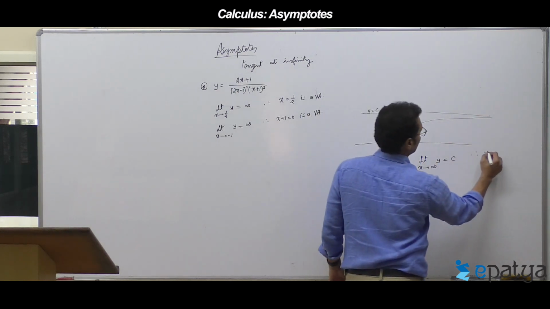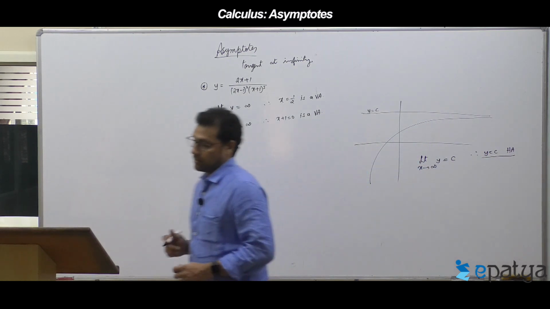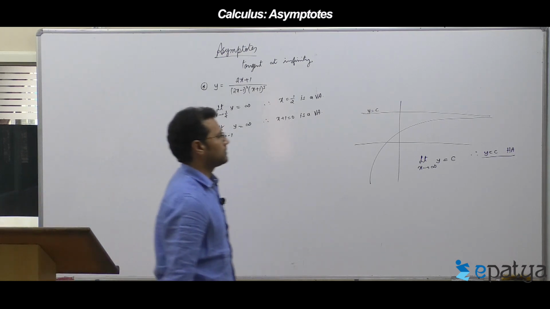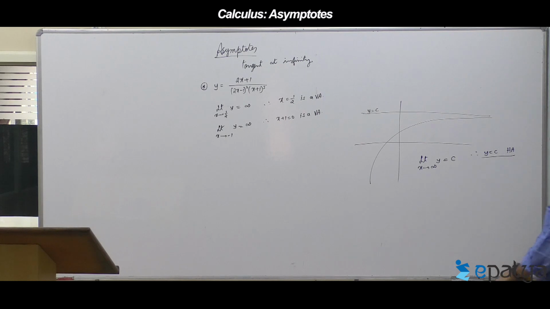Therefore, y equal to c, we call it a horizontal asymptote. Write down: asymptotes parallel to the x-axis are called horizontal asymptotes.